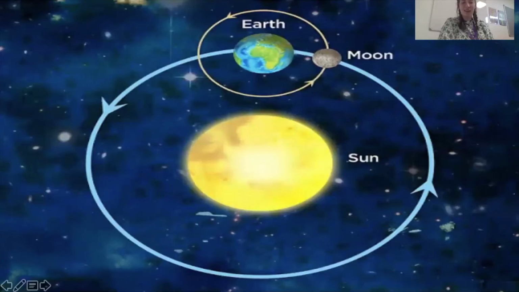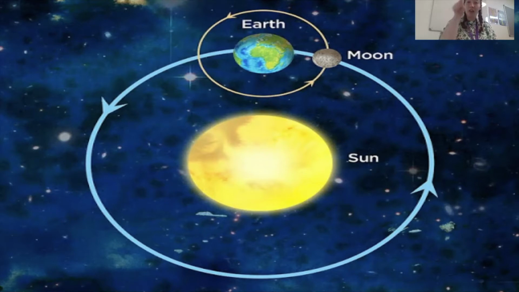So just like we talked about with the paint tubs, as you can see, that yellow ball is the sun, and the Earth, that green and blue ball, travels all the way around it. Now, the reason we only see the one side of the moon, can you see in this picture, is because when the moon travels all the way around the Earth, we can only see the one side of the moon.